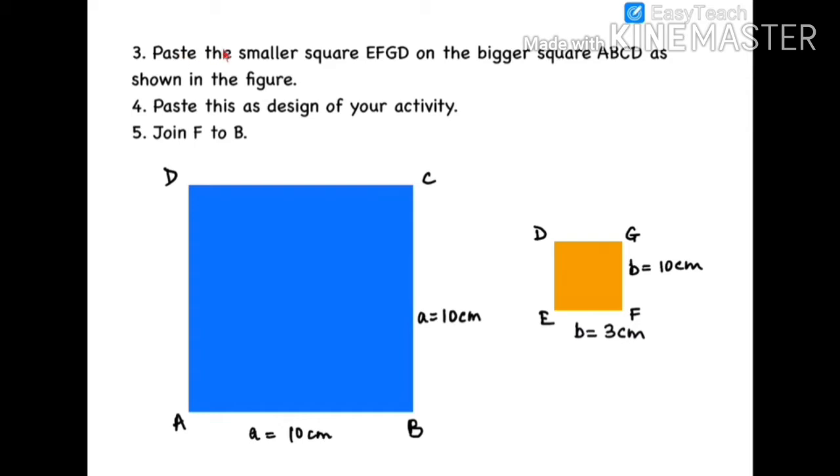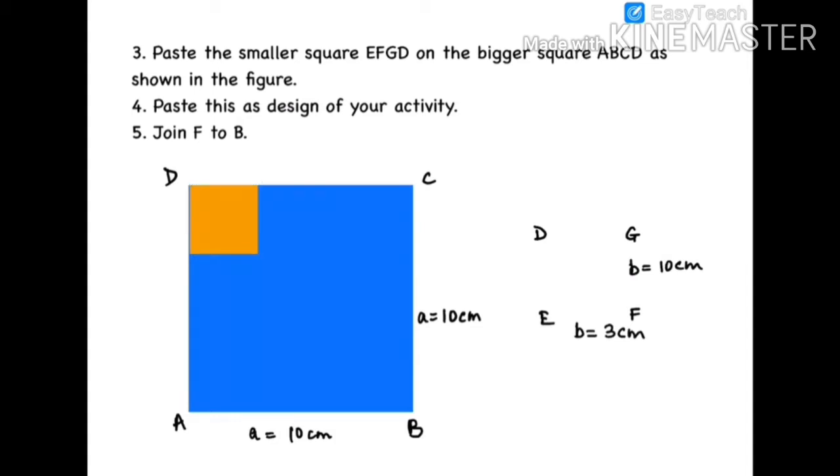The third step is to paste the smaller square EFGD on the bigger square such that vertex D of the smaller square coincides with the D of the bigger square. So you will place the cutout of the smaller square on the cutout of the big square like this.